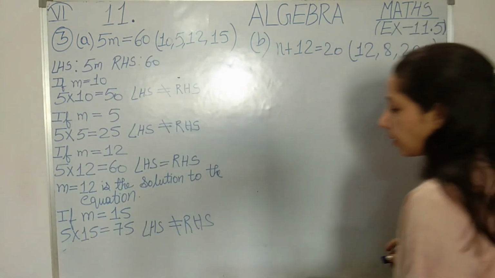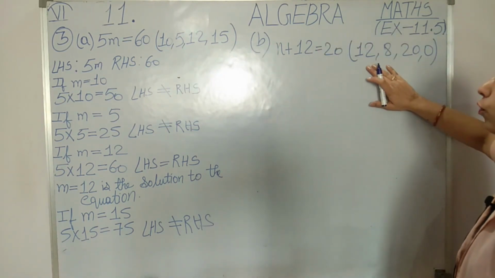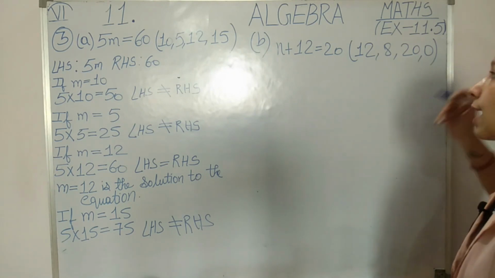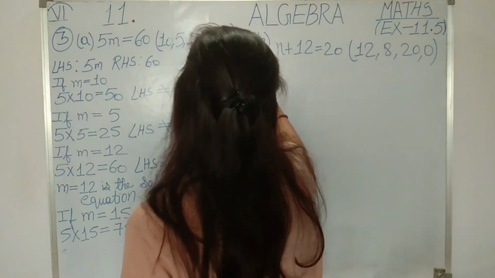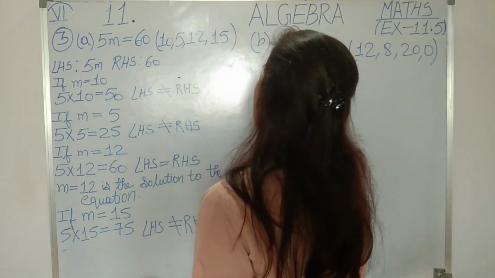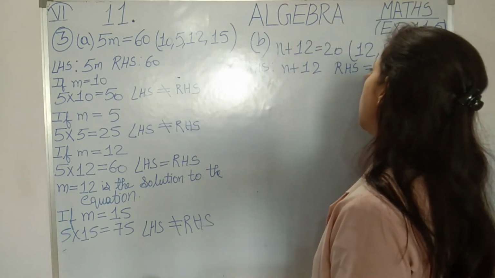Okay students, B point, now the equation is n plus 12 equals 20, where the values for n are given: 12, 8, 20 and 0. So let us start students. First we will write the LHS part here. LHS part here is n plus 12. Then we will write the RHS part. RHS part here is 20.